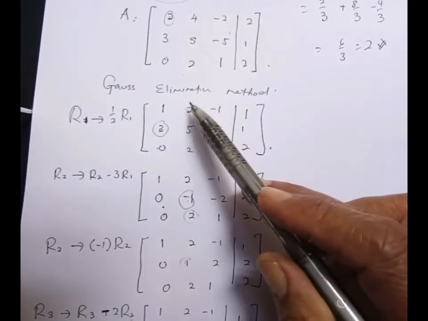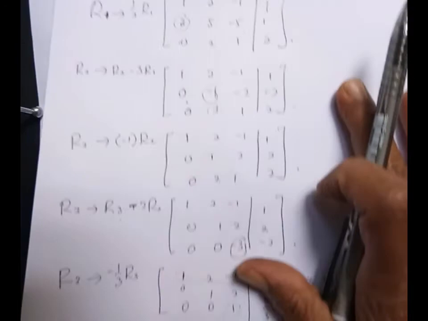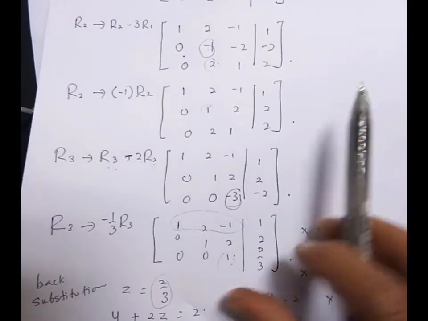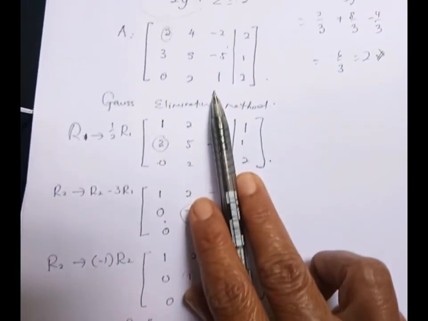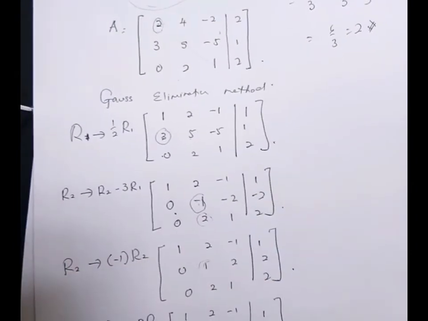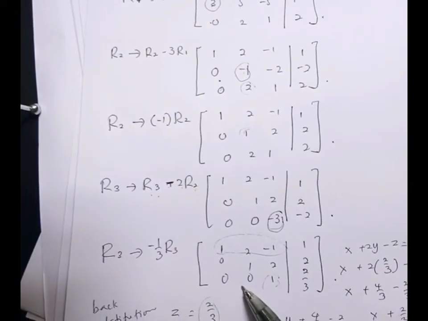So this is the Gauss elimination method, where you reduce your augmented matrix until RE form.